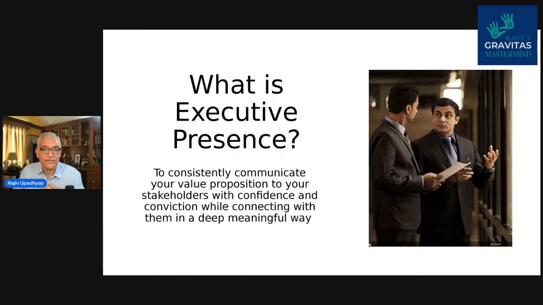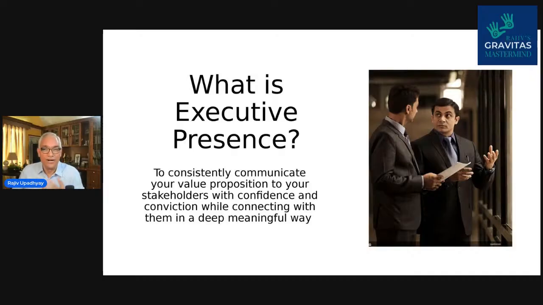The definition of executive presence is to consistently communicate your value proposition to your stakeholders with confidence and conviction while connecting with them in a deep, meaningful way. Now, it's a mouthful, it's a big definition, but what it is trying to say is that you should be able to stand up for yourself and be able to connect with your stakeholders also in a meaningful way. Now, it is going to start making sense a little bit later.